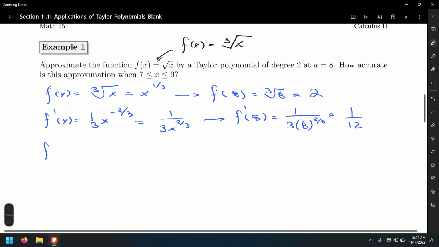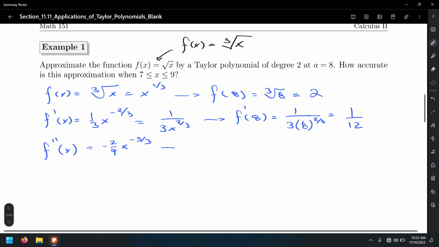Then taking the second derivative, we multiply negative 2/3 times 1/3. That's negative 2/9, x to the negative 2/3 minus 1, that's negative 2/3 minus 3/3, which is negative 5/3.